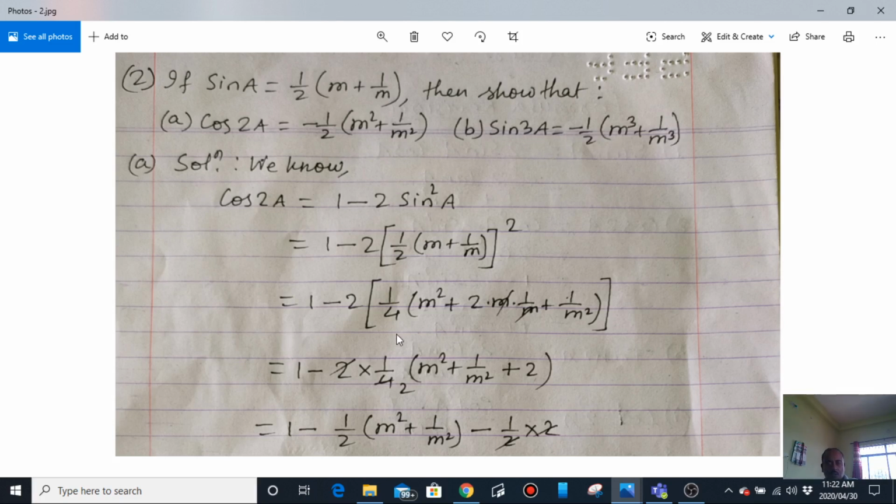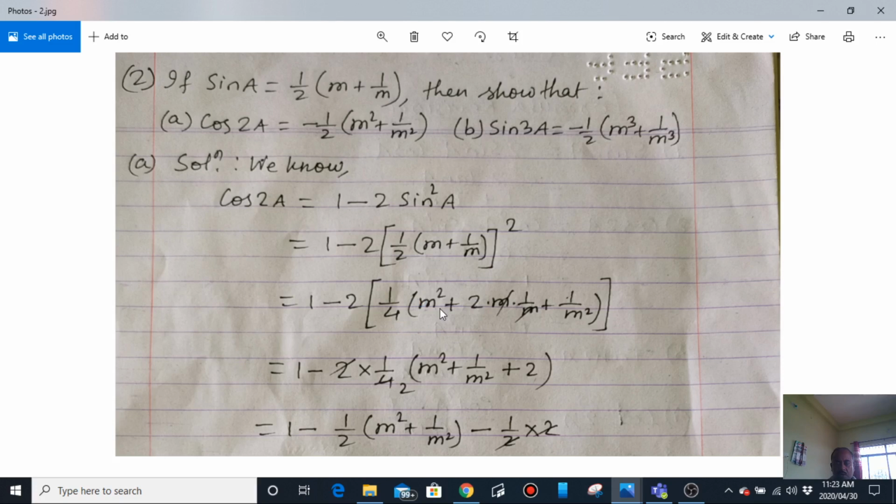So you see these solutions well, and you will get similar questions in homework. So you can do with the help of these techniques. So first of all, since sin A is given, your task should be to convert it into sin A. So cos 2A in terms of sin A is 1 minus 2 sin square A. So that is equal to 1 minus 2 value of sin A whole square. 1 minus 2, 1 by 2 square is 1 by 4.